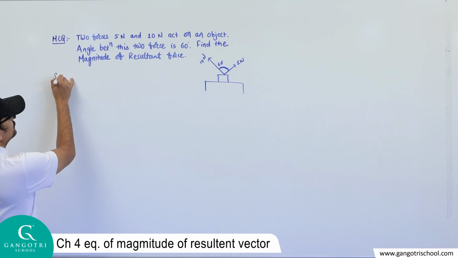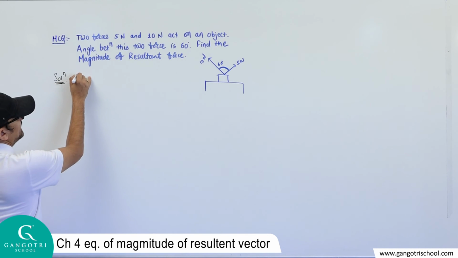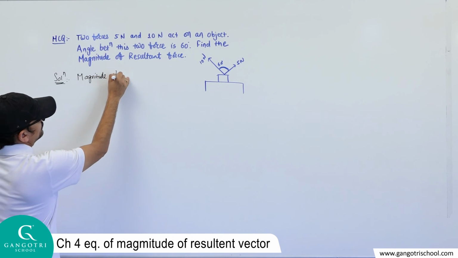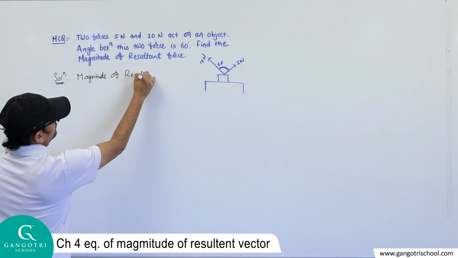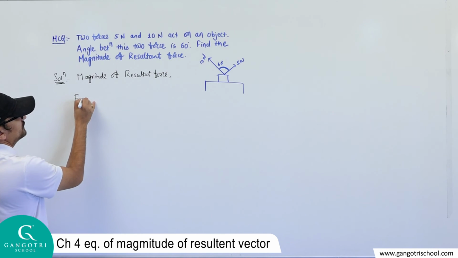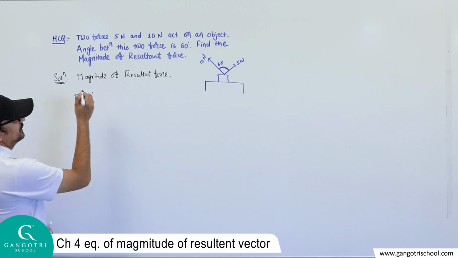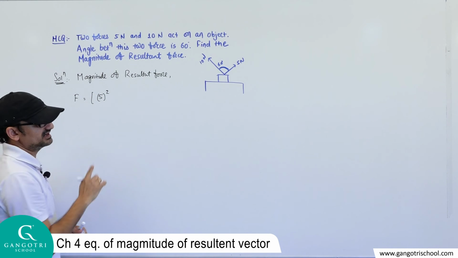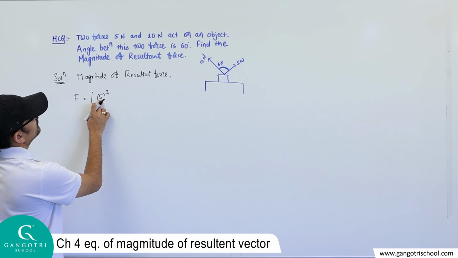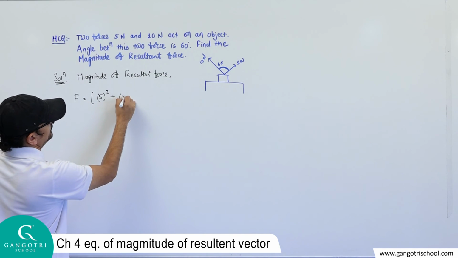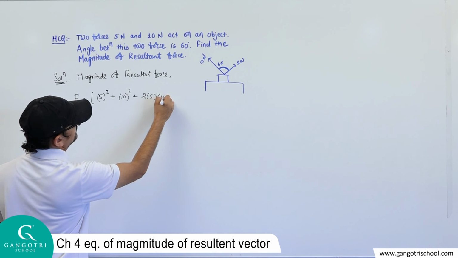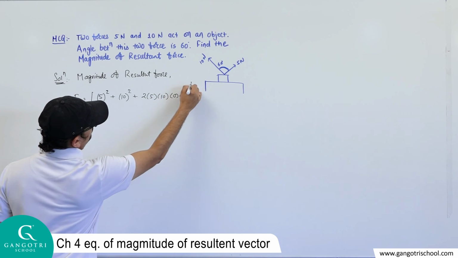So look at the solution. The magnitude of the resultant force is, as per the equation a square plus b square plus 2ab cos theta: first force 5 Newton, 5 square, plus second force 10 Newton, 10 square, plus 2 times 5 times 10 cos theta, all raised to 1/2.